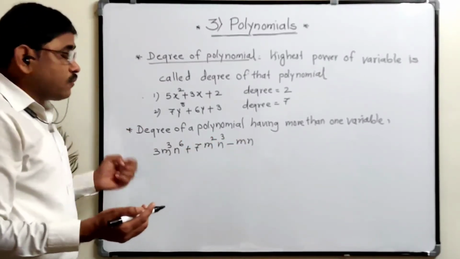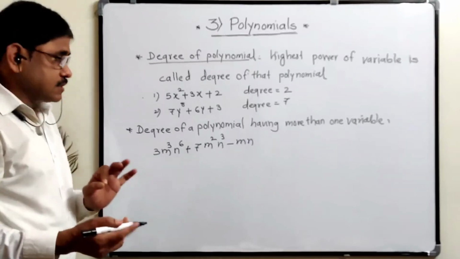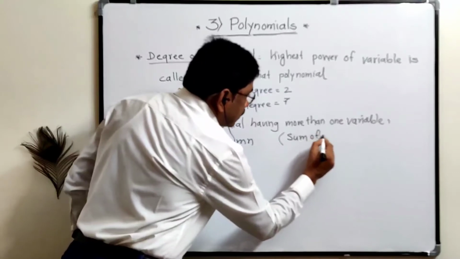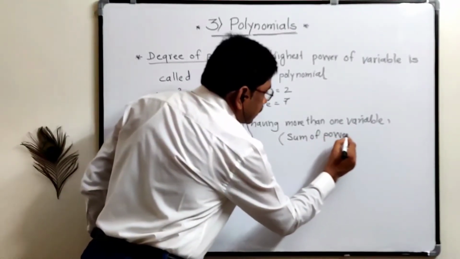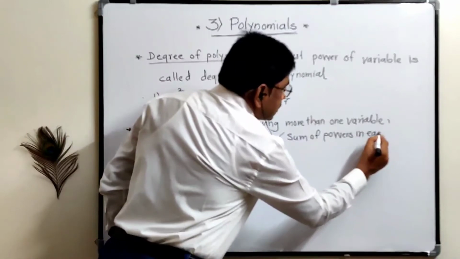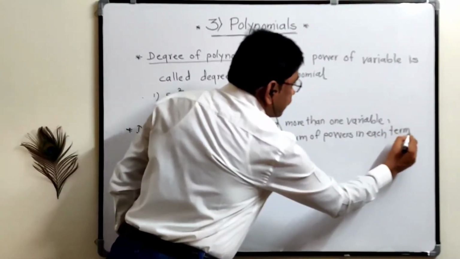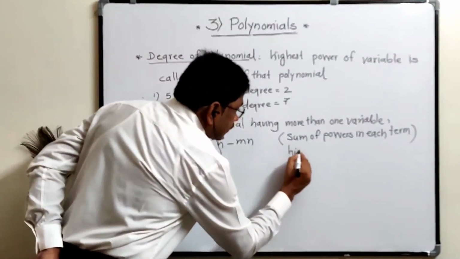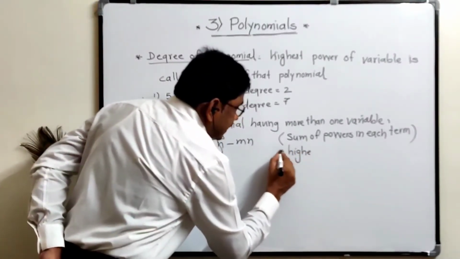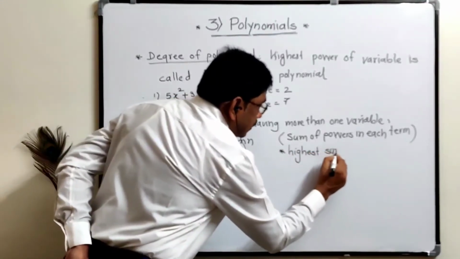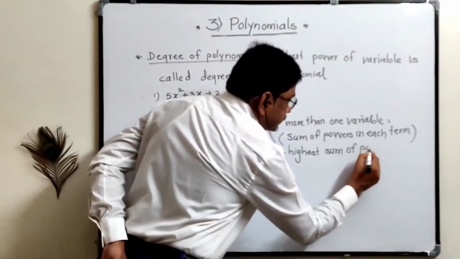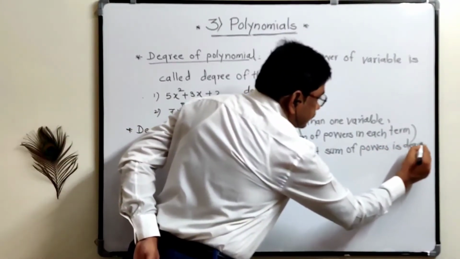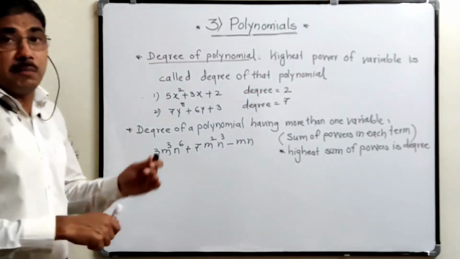Then how to decide? So first find the sum of powers in each term. Then the highest sum. The second point: the highest sum of powers is the degree.